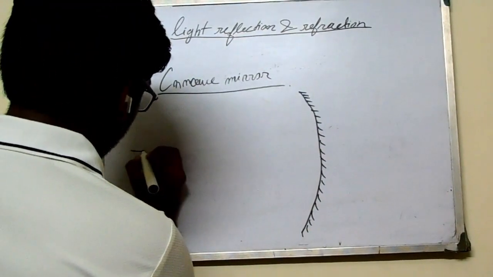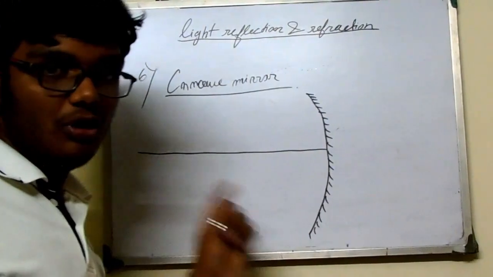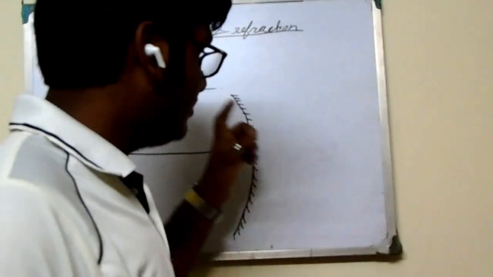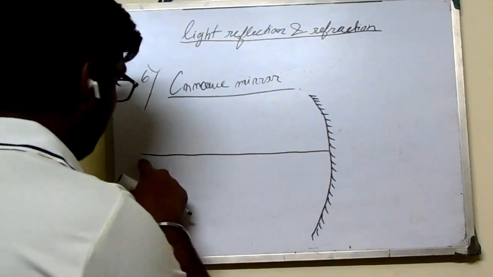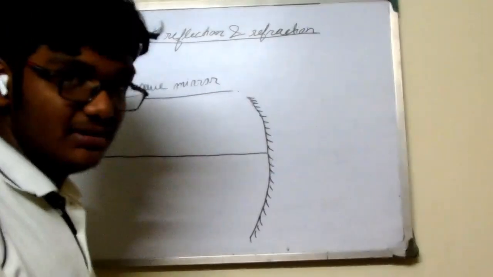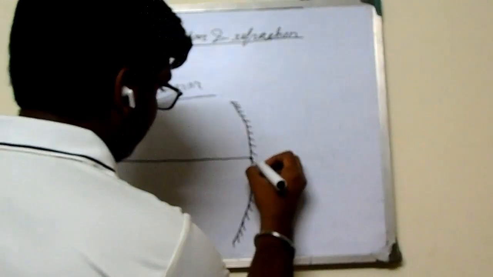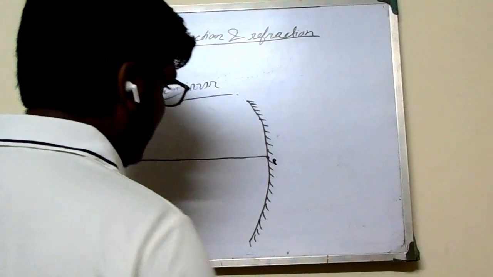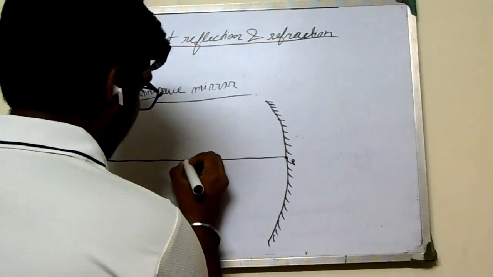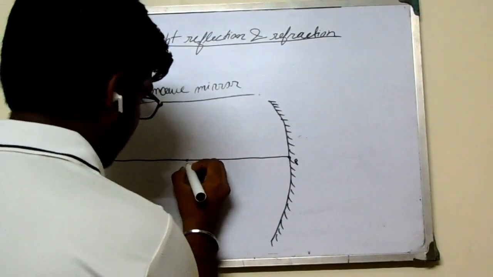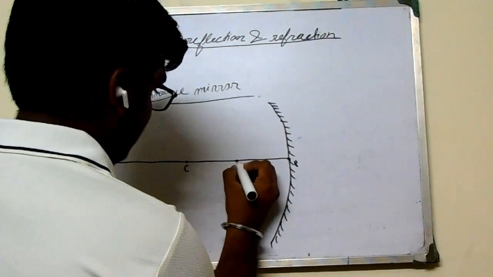First, let me draw. Whenever you need to draw any diagram of a mirror or lens, you need to draw this line. This is known as the principal axis. This one is known as P, the pole. This is known as the center of curvature, and this is F, the principal focus.